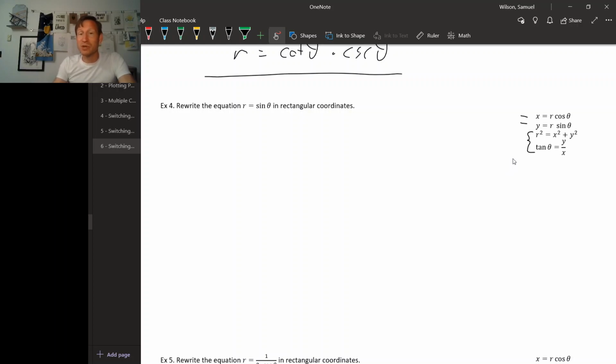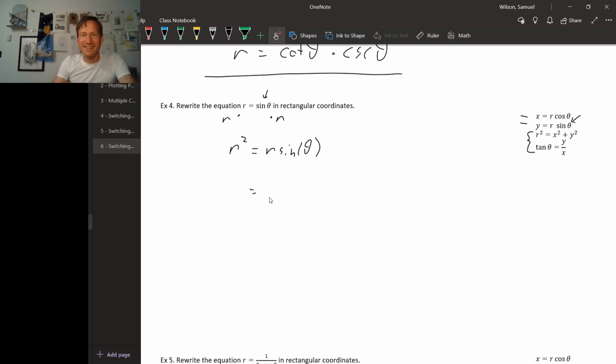But there are some algebraic tricks we could use. We see that there's a sine theta right here, and so it seems like probably that's going to have something to do with y, but to make it y, it should have an r with it. So let's multiply both sides by r here. Seems like a sensible thing to do. So on the left we have r squared, and on the right we have r sine theta.